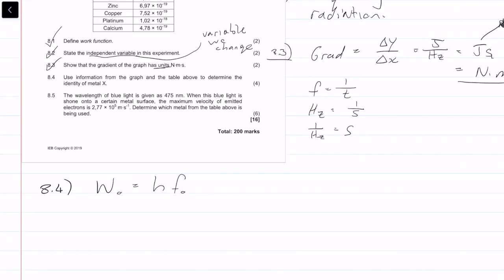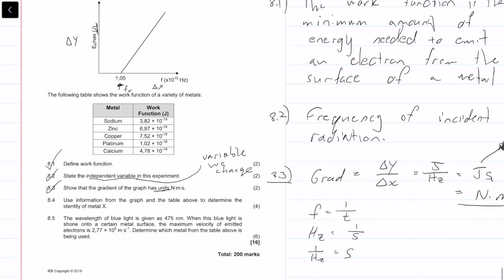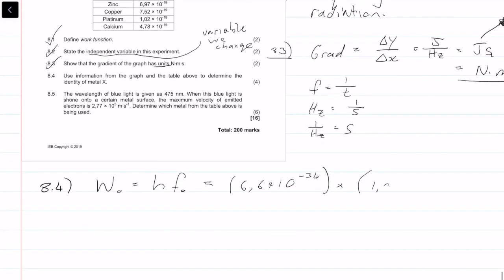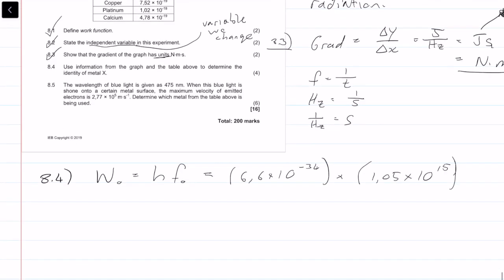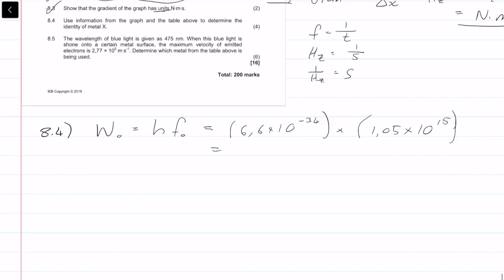Now we just substitute values in. Planck's constant is 6,6 times 10 to the minus 34, times our f naught value, which is 1,05 times 10 to the 15 hertz. Plugging that into a calculator, we get 6,93 times 10 to the minus 19 joules.